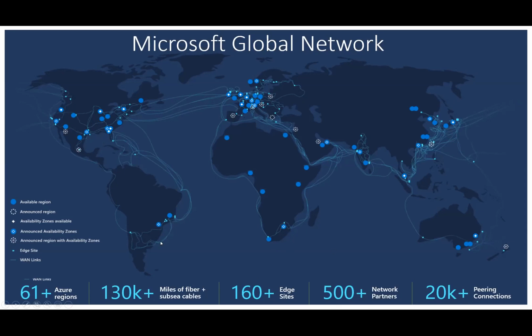On the bottom, you'll see how much fiber we have in subsea cable: over 130,000 kilometers of cable itself. We've got 2 of our own cables. In this area here, we've got our own Maria cable, 1.6 terabits.